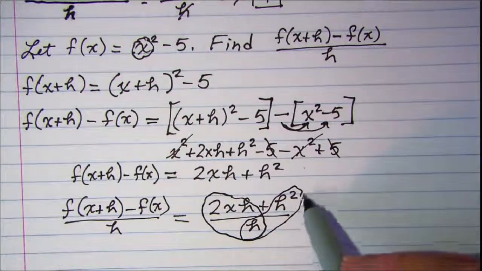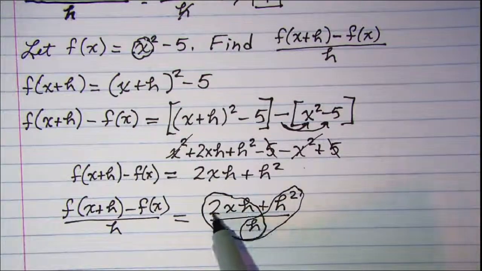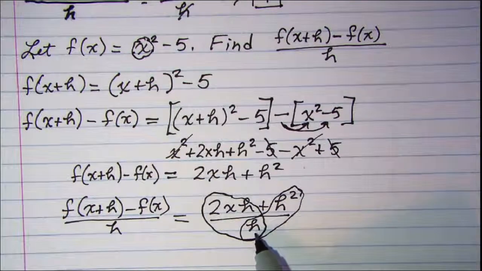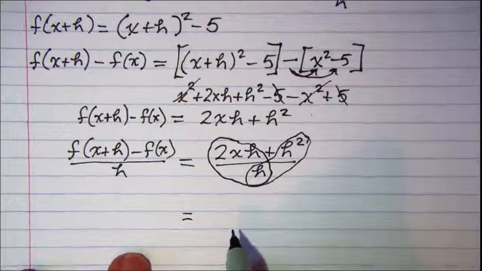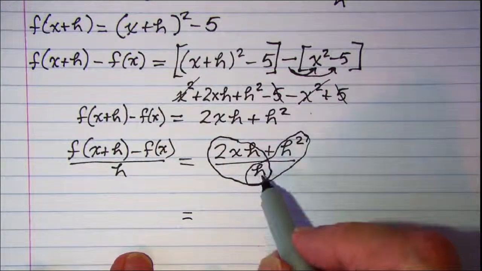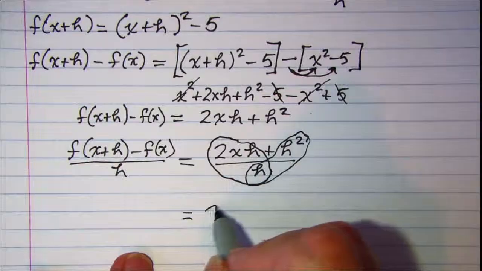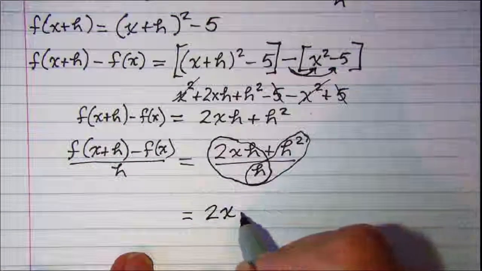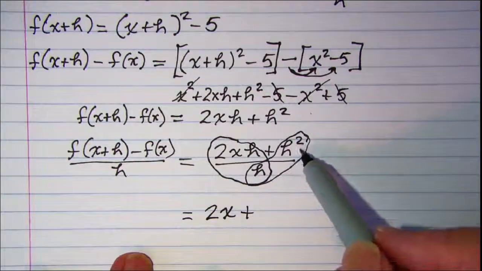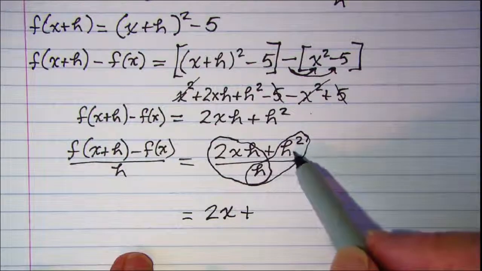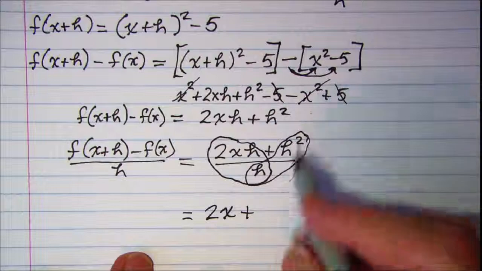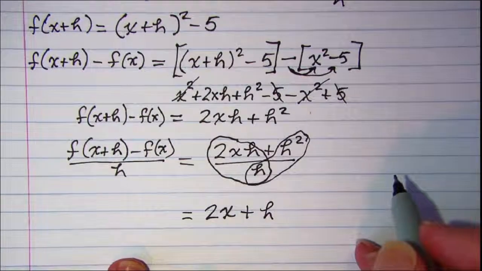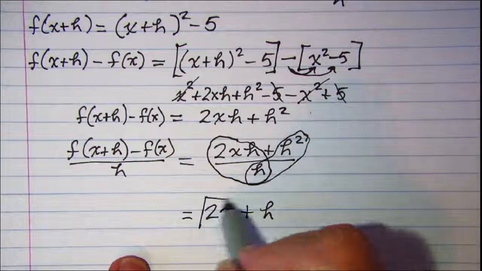I prefer to do this. So I have 2xh over h, the h's will cancel and I'll just have 2x. And then plus h squared over h. One of these h's in the numerator cancels with this one, and I'll just have 2x plus h for my difference quotient.